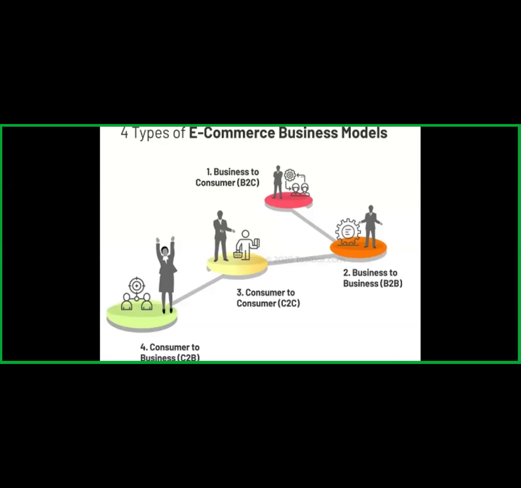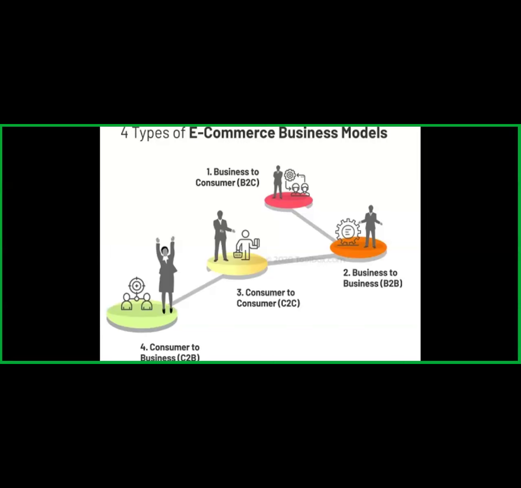Many companies are there, many electronic companies are there which are, say, purchasing electronic parts from some companies, maybe Chinese companies, maybe other companies, and then they are assembling everything and then they are selling it. So that is B2B selling. Next is consumer to consumer.